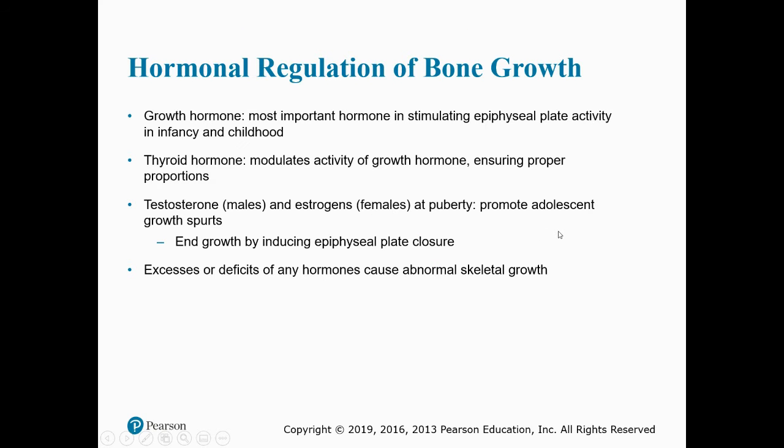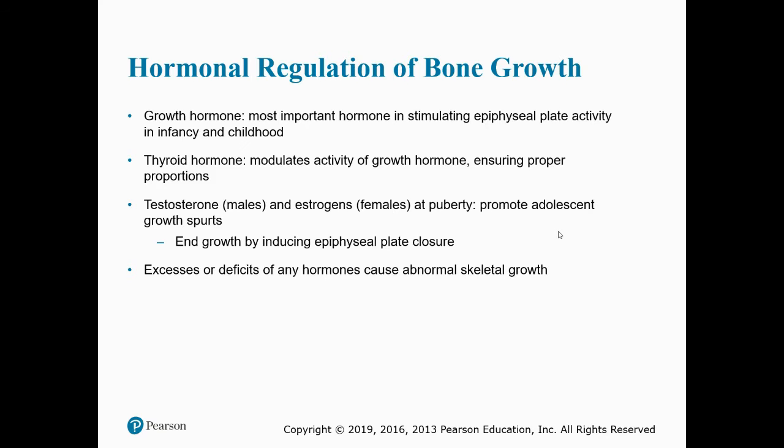So these hormones come from areas like the thyroid or the anterior pituitary. So the thyroid hormones actually help to regulate growth hormones that originate from the anterior pituitary. Now, this is initially. Once we hit puberty, something changes. We have these two hormones that come into play that kind of guide our growth at that period.